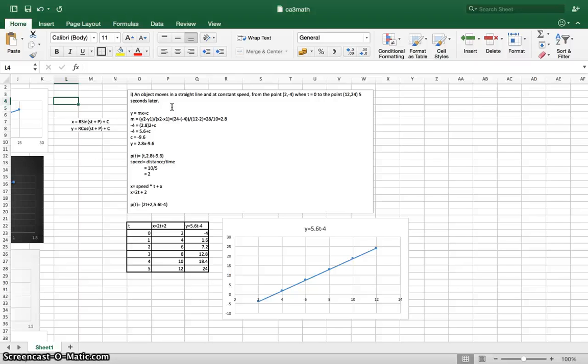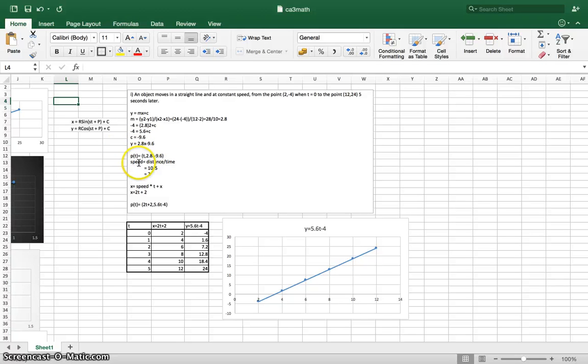From this 2.8 we put in the value of the position, which is (2, -4). So -4 equals 2.8, the gradient, times 2, which is the x, plus c. And we get c equals -9.6, so y equals 2.8x - 9.6. Then we get the position in terms of time t: (t, 2.8t - 9.6), because we change this x into t.